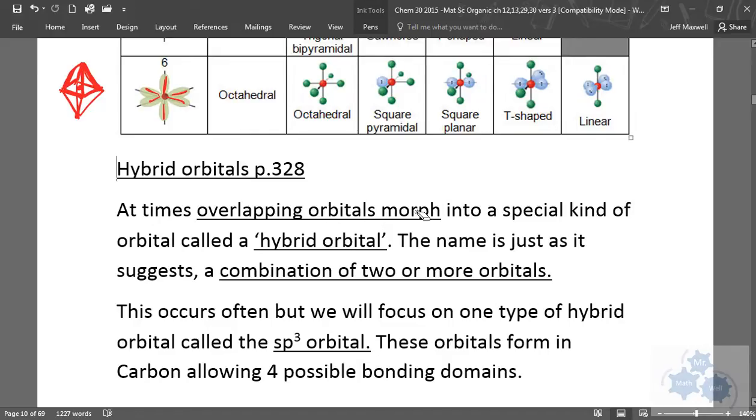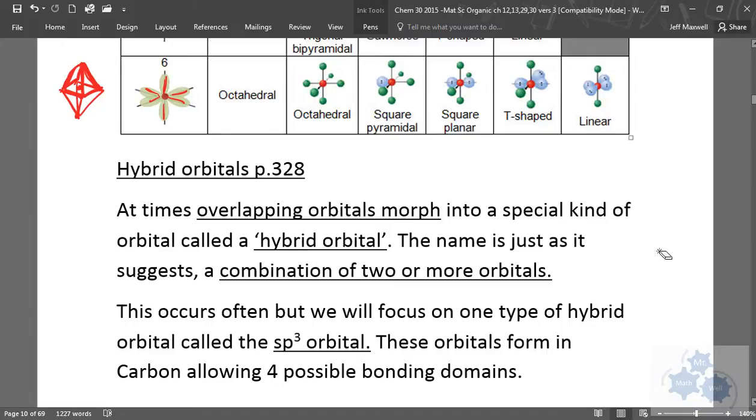In the case of methane, the s and p orbitals, you know the s orbital is a spherical orbital, the p is an hourglass shape, but when they overlap, sometimes they morph into a special hybrid orbital. The name is just as it suggests, a combination of 2 or more orbitals. Okay, so it's kind of a mixture, it's a hybrid.